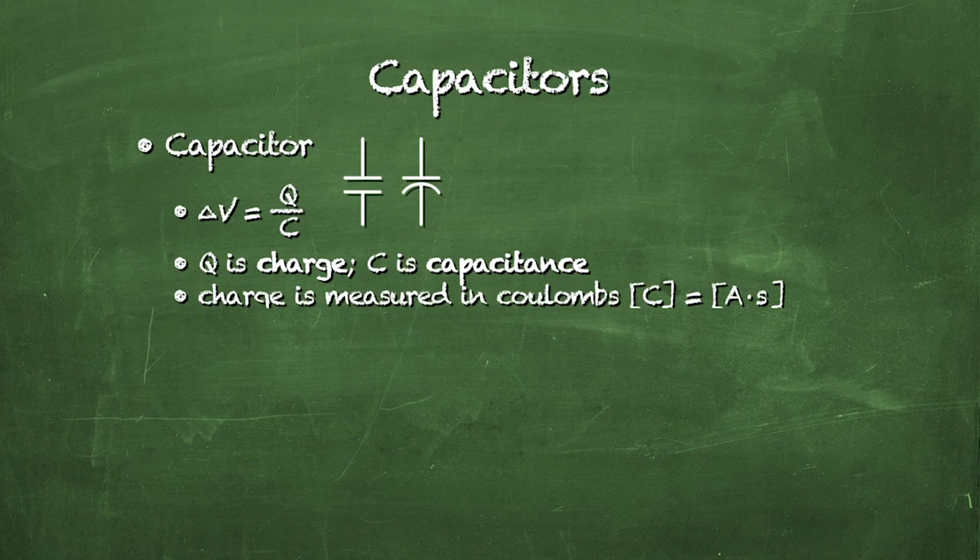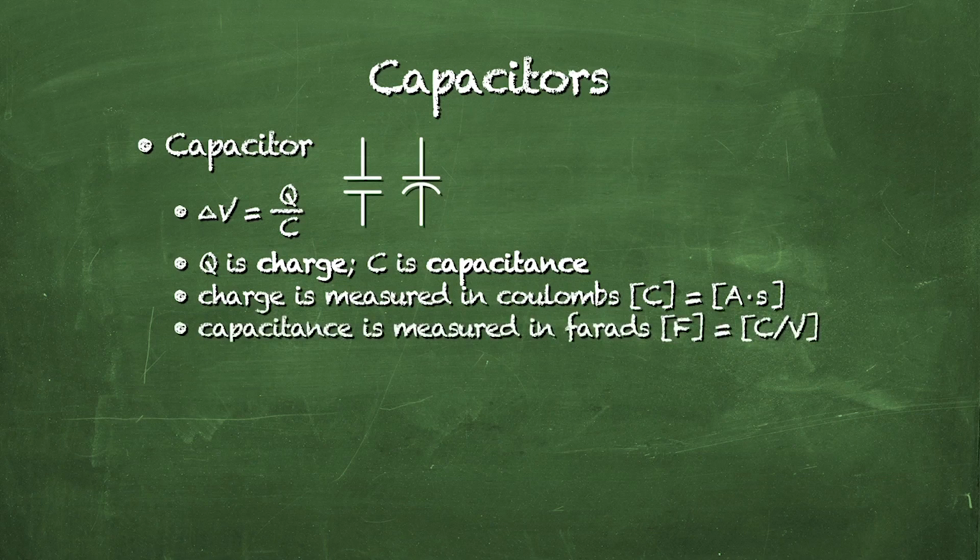A coulomb is also an ampere times a second, so that's related to current. The capacitance is measured in units of farads, symbolized by a capital F, and a farad is a coulomb per volt. You can see that's what it has to be to make your equation, delta V is equal to Q over C, come out right.